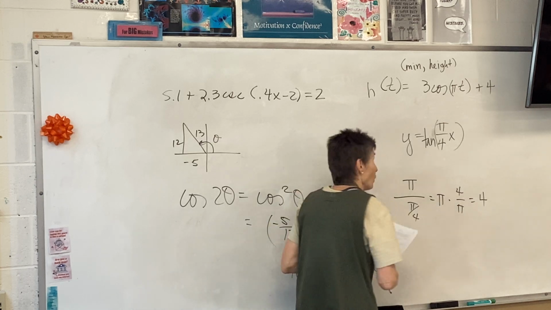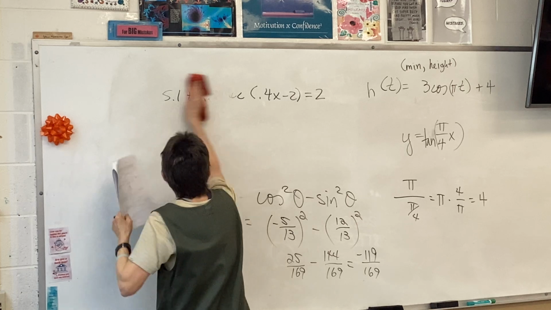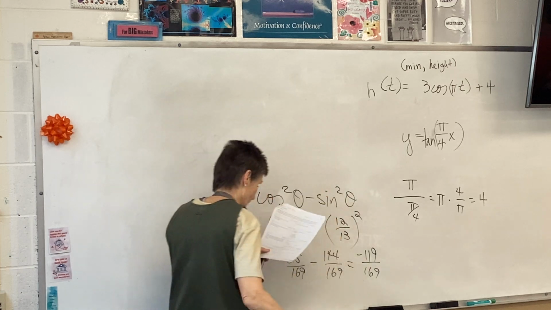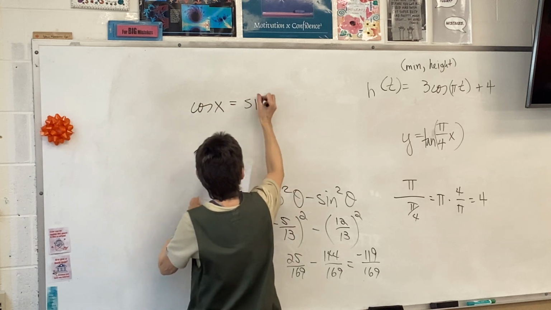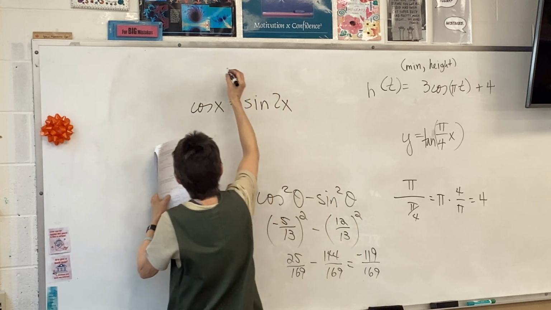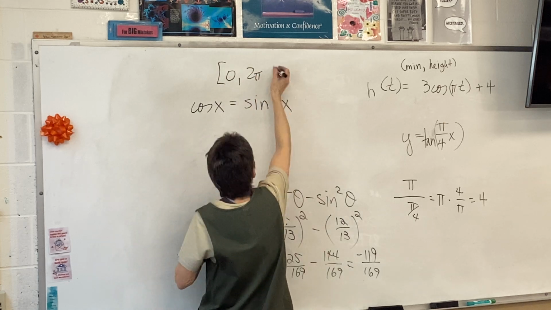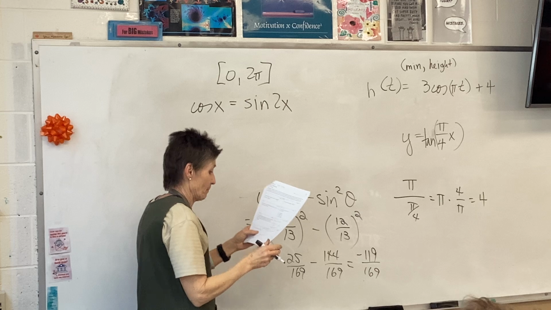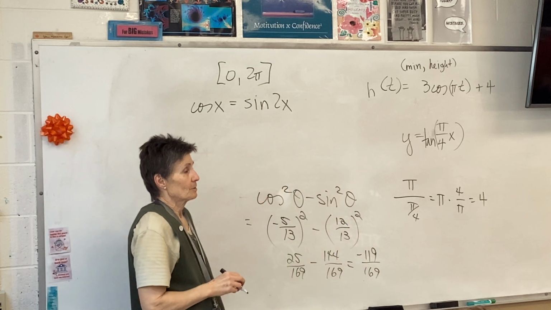All right, here's one. This one's going to take some effort. So cosine x equals sine 2x, and we are solving between 0 and 2 pi inclusive. All right, so here we go.